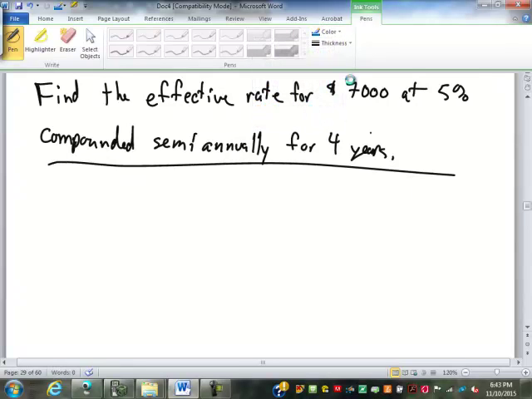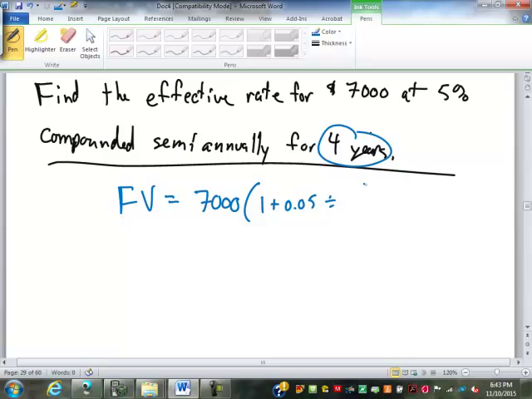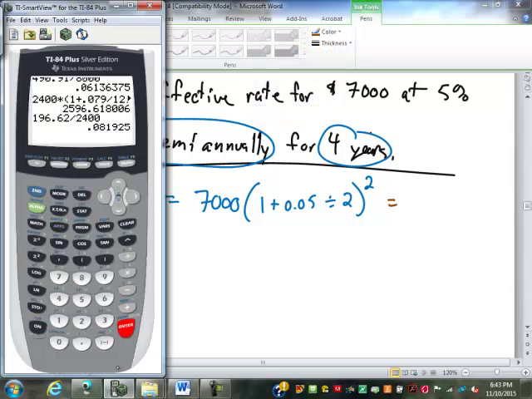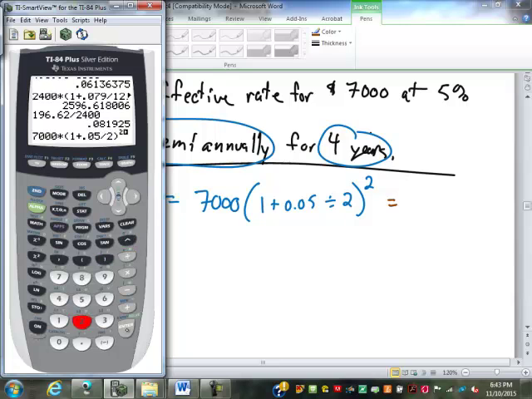Okay, so first let's find, we know that it's 4 years, so it's more than a year, so we're going to find the future value at the end of 1 year. So 7,000 times 1 plus 0.05 divided by 2, because it's semi-annually, to the power of 2. So 7,000 times 1 plus 0.05 divided by 2, close parentheses, power of 2.